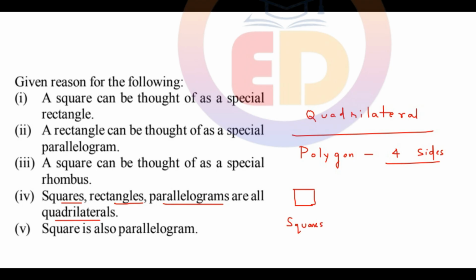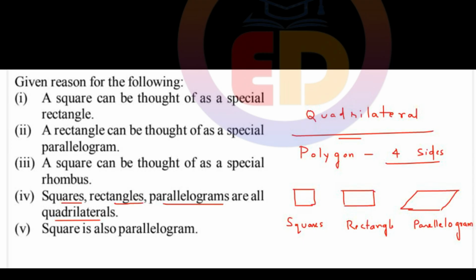Rectangle has 4 sides and parallelogram has 4 sides. So since all these 3 polygons have 4 sides, we can say that all of them are quadrilaterals.